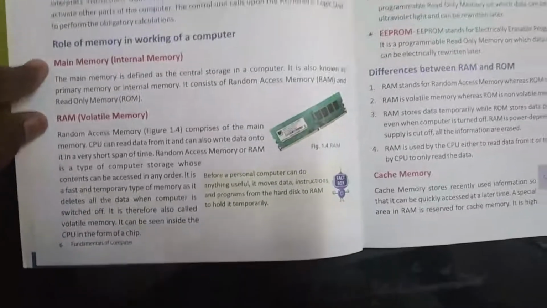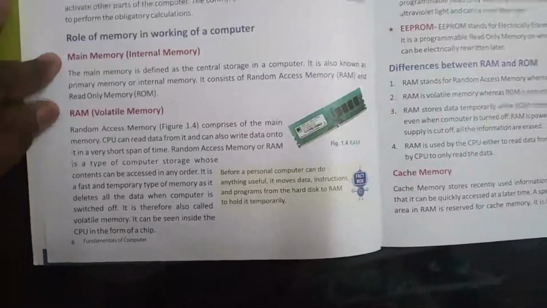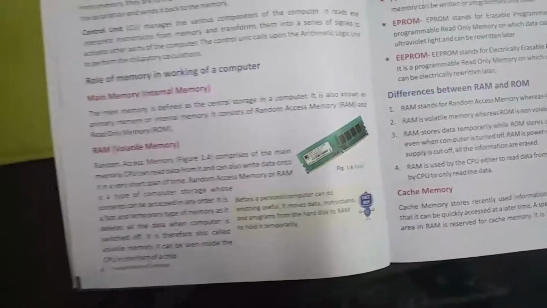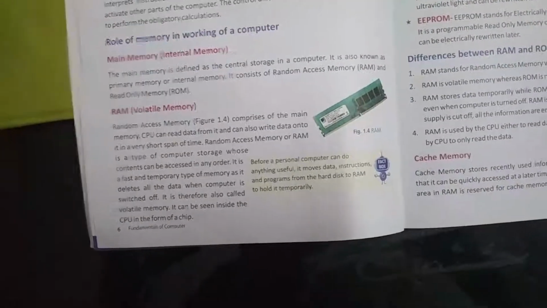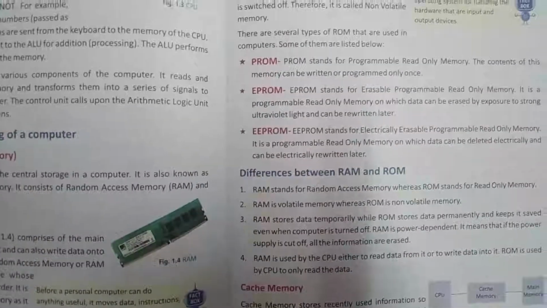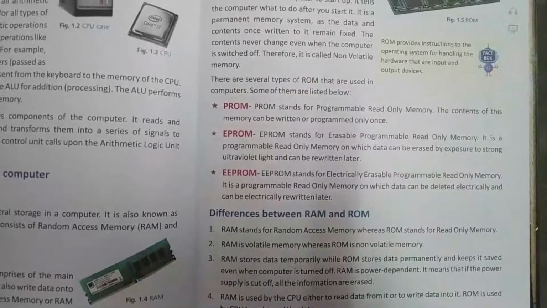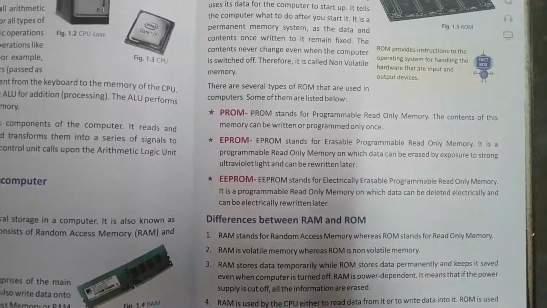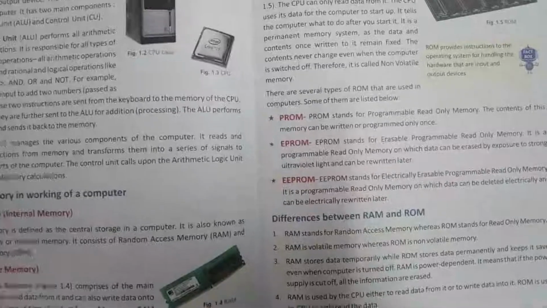In the main memory we have two main parts, ROM and RAM. RAM is a temporary memory, and ROM is a permanent memory, where there are several types of ROM used in the computer. So these are the things we have learned today.